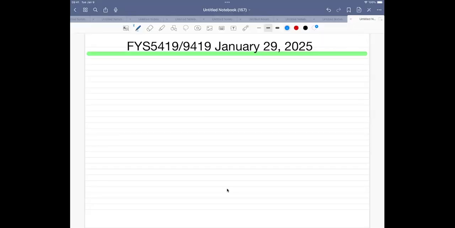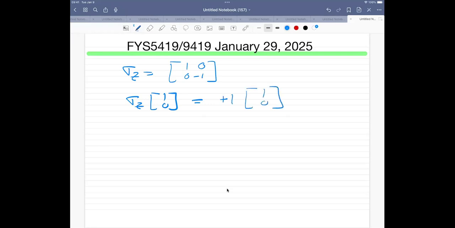One thing which I mentioned is that if we take the Pauli Z matrix, which is given by 1, 0, 0, minus 1, this matrix, which you can think of as an operator, has an eigenbasis: if I act on the vector 1, 0, what you get is just plus 1 times 1, 0.